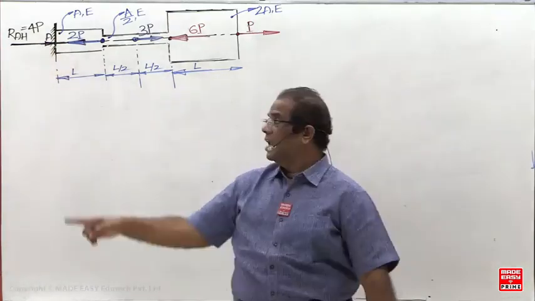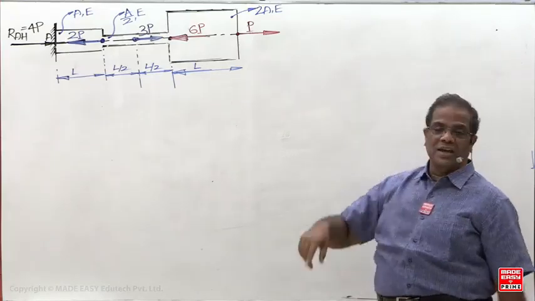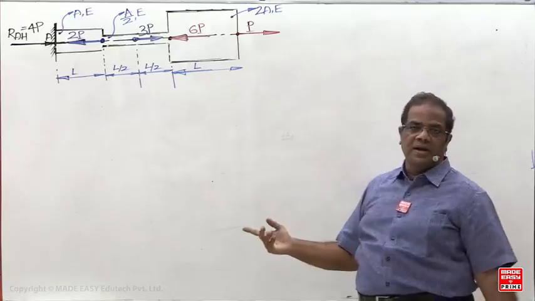Now check whether it is in equilibrium or not. After keeping the reaction, check the equilibrium condition. Towards the left side 8P, towards the right side also 8P. It is in equilibrium.